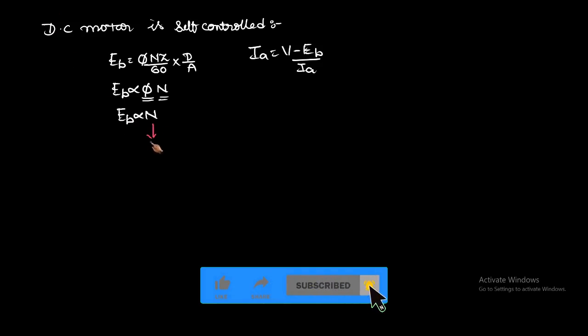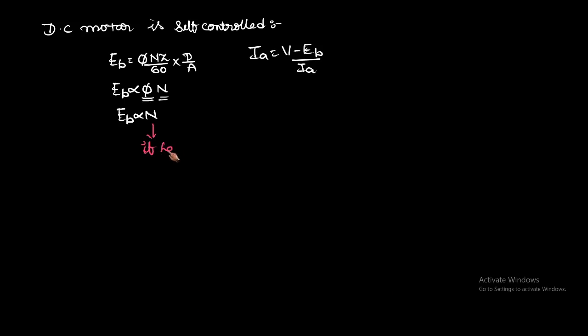Let us assume that the load is increased. That means the speed will decrease. If the speed decreases, the back EMF will decrease. If the back EMF decreases, the armature current will increase.